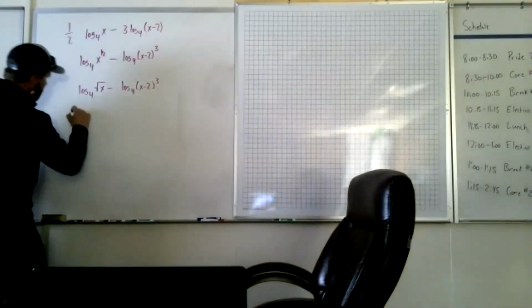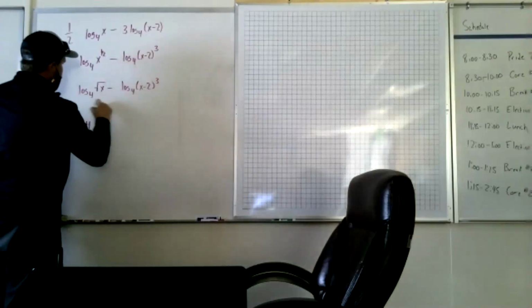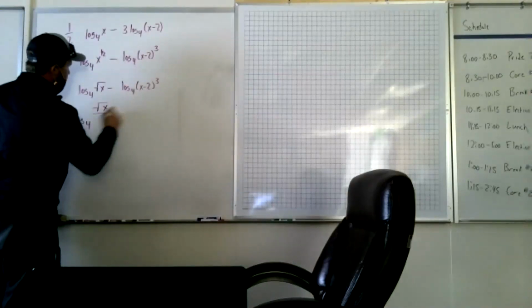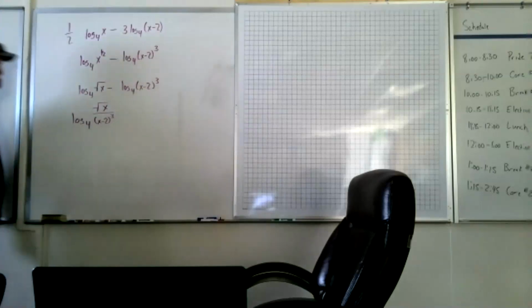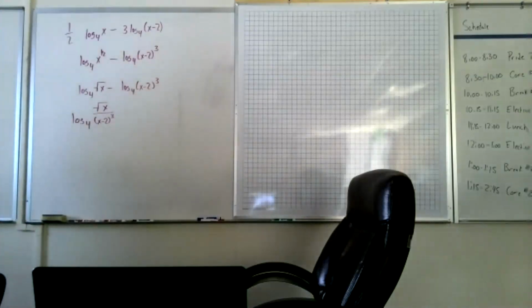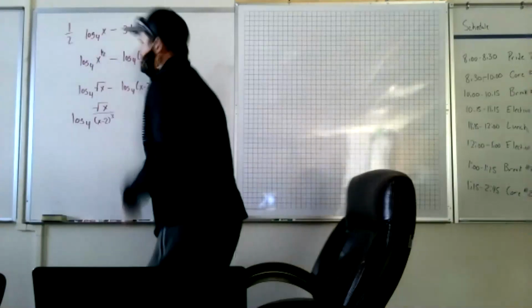So it will be log base 4 of the square root of x divided by (x minus 2) cubed. Yep, looks good.